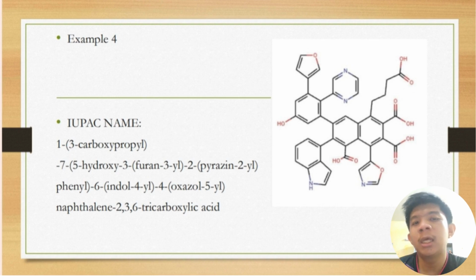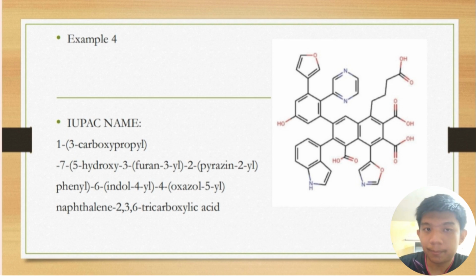It's smaller than the naphthalene ring. So the naphthalene will be the parent chain. And notice that there are one, two, three carboxyl groups on the naphthalene. So the others will be the substituents. There are one, two, three, four substituents.